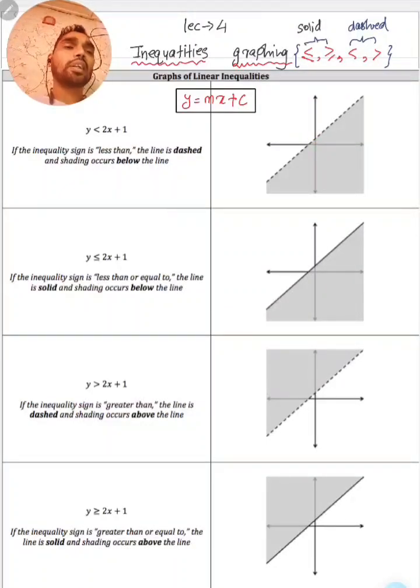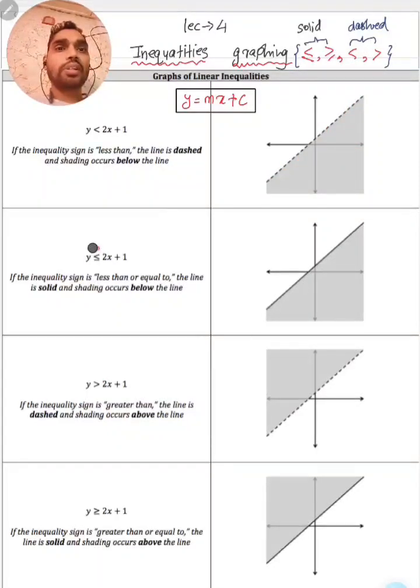If I say less than, that means all the points less than this intersection point are considered values of y which are less, and the points above are values of y which are more. Since it is less than, I will take all the less than values on the y-axis. Less than means below the line's value. So we need to do the shading like this, below this line.